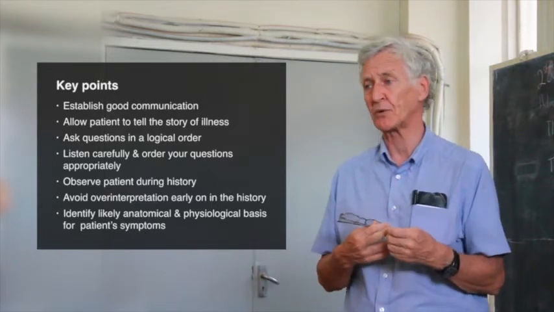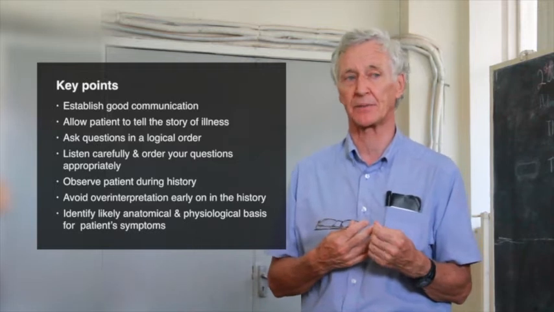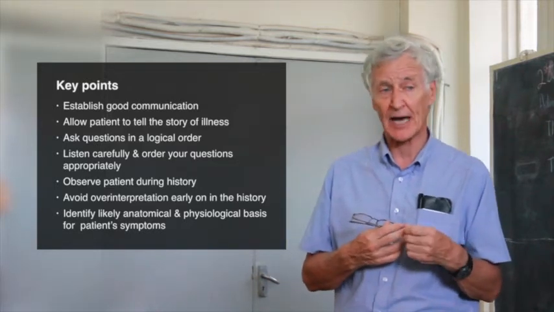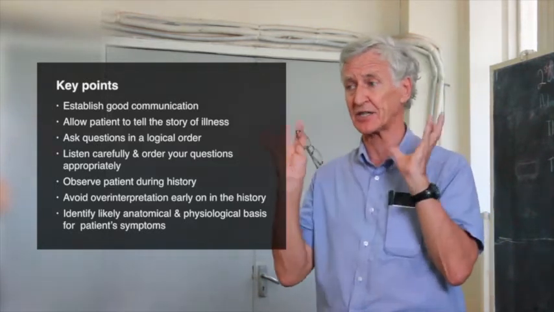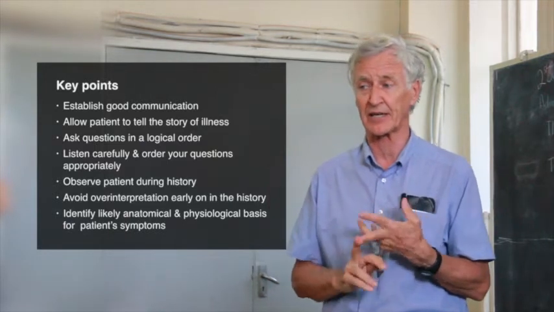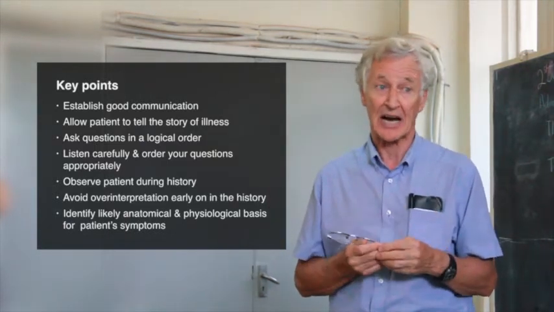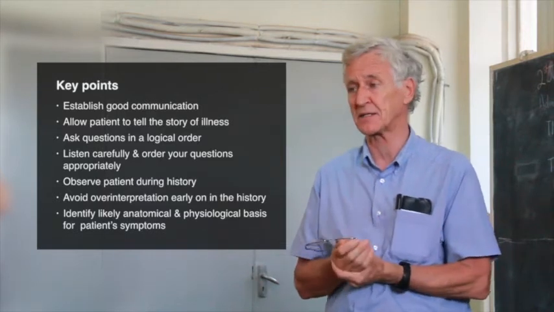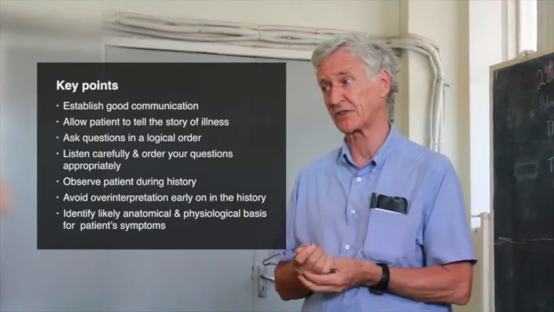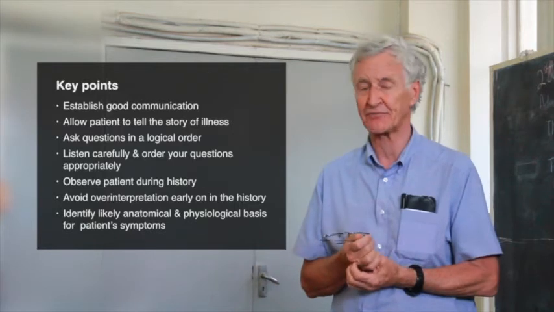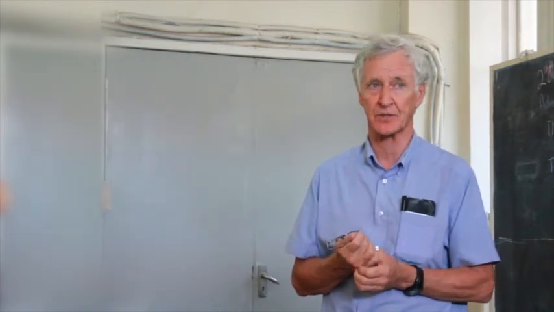And that's the point when we begin to interpret possible causes. And then we like to have a construct in our heads when we're identifying what we call the likely anatomical, physiological and pathological basis for the patient's symptoms. And this is often called the working diagnosis.